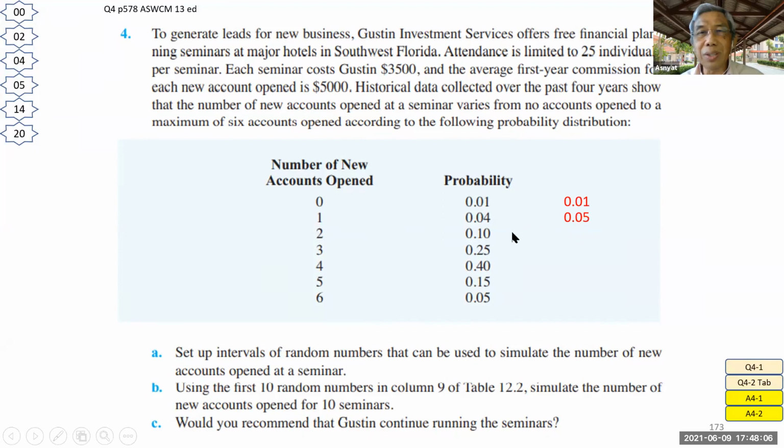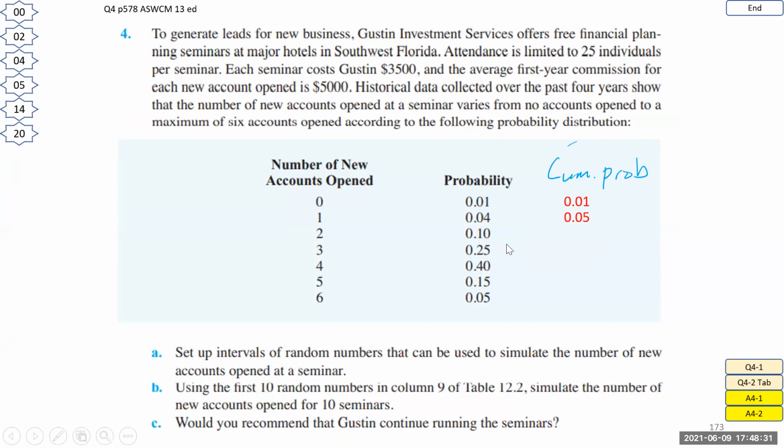You're actually working on the cumulative probability. Then what is the probability of getting 2 or less? 0.15.